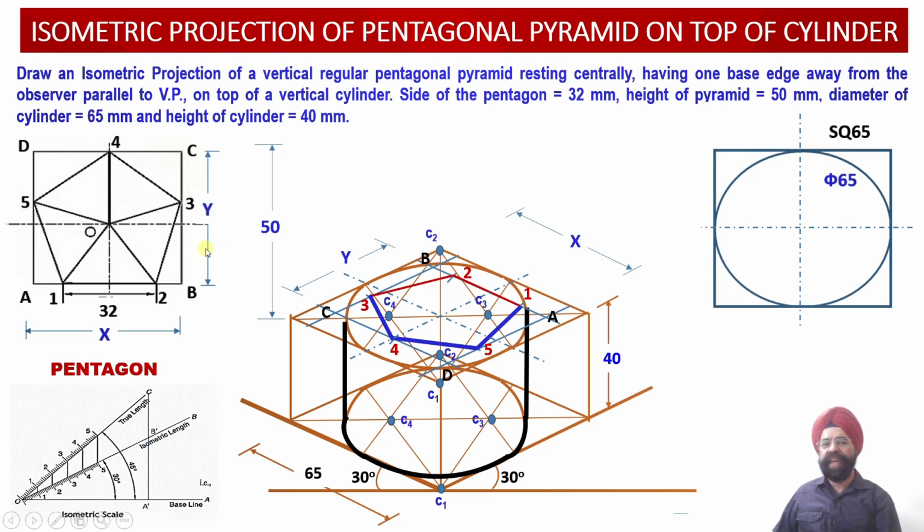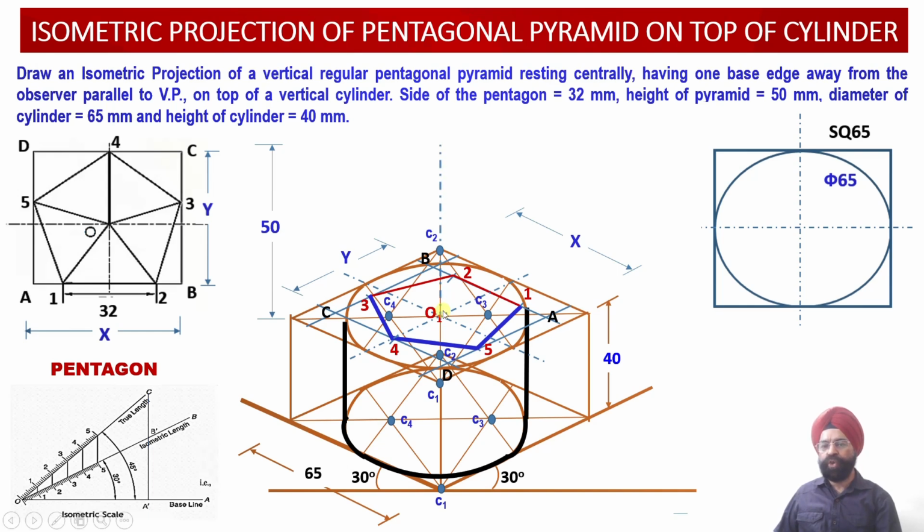Now, since we had matched the axis of the pentagonal pyramid with the axis of the cylinder, because this pentagonal pyramid was resting centrally on top of the cylinder, the axis of this pyramid and this cylinder have matched. So from this point I am going to draw, this is my O1 point, which is the bottom point of the axis of this pentagonal pyramid.